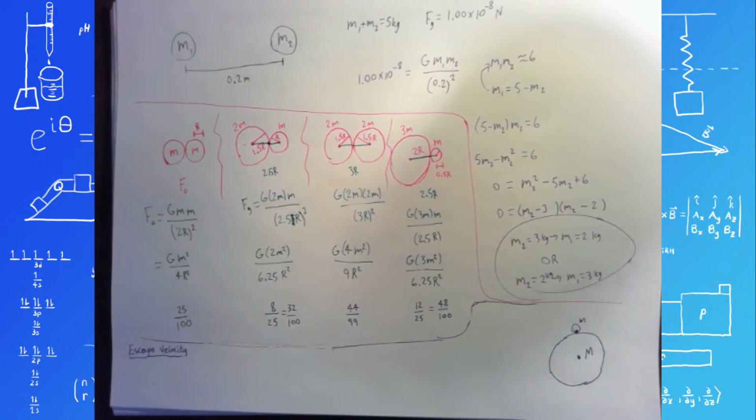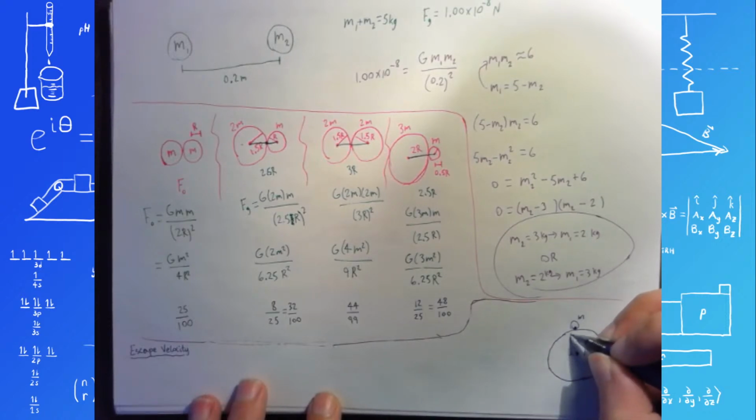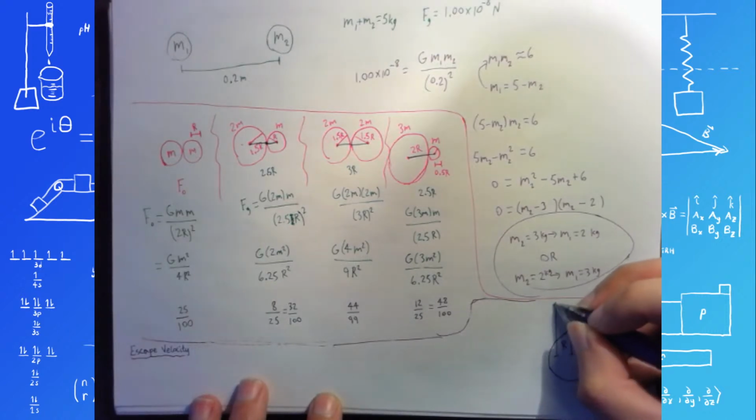That happens at an infinite distance away. So we are trying to go from a distance of radius of the planet, big R, to a distance of basically infinity.